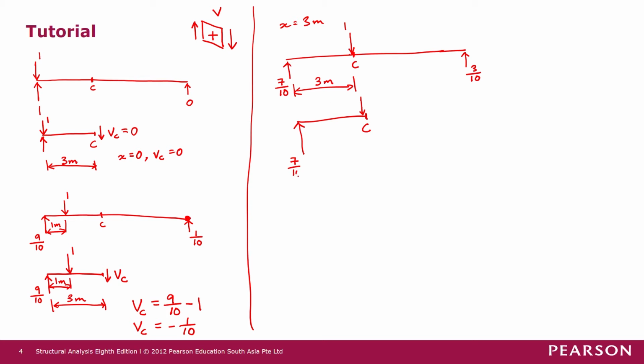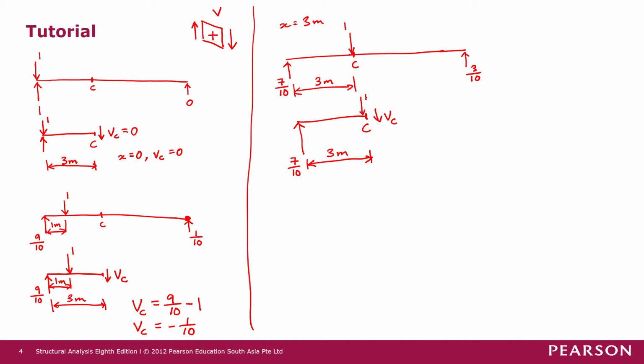And then this is 7/10, and this distance is 3 meters. And then we draw VC in the positive shear force direction.